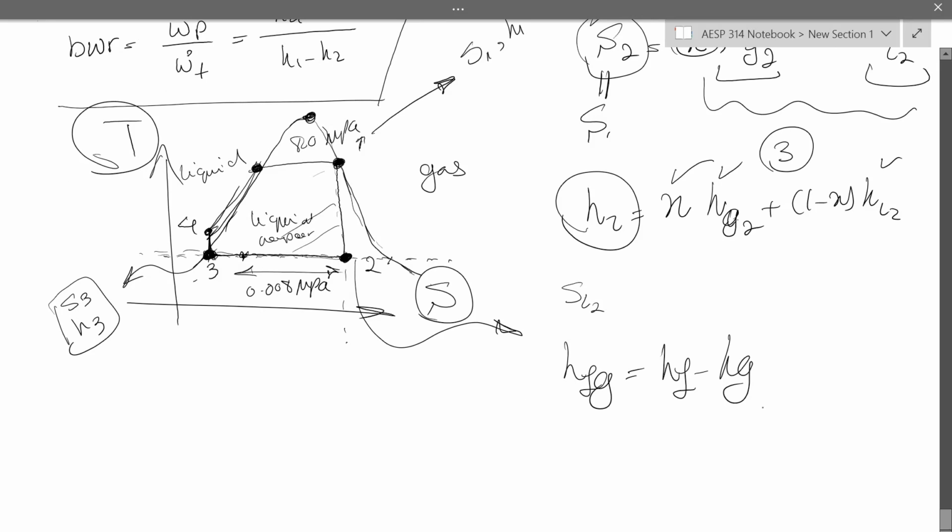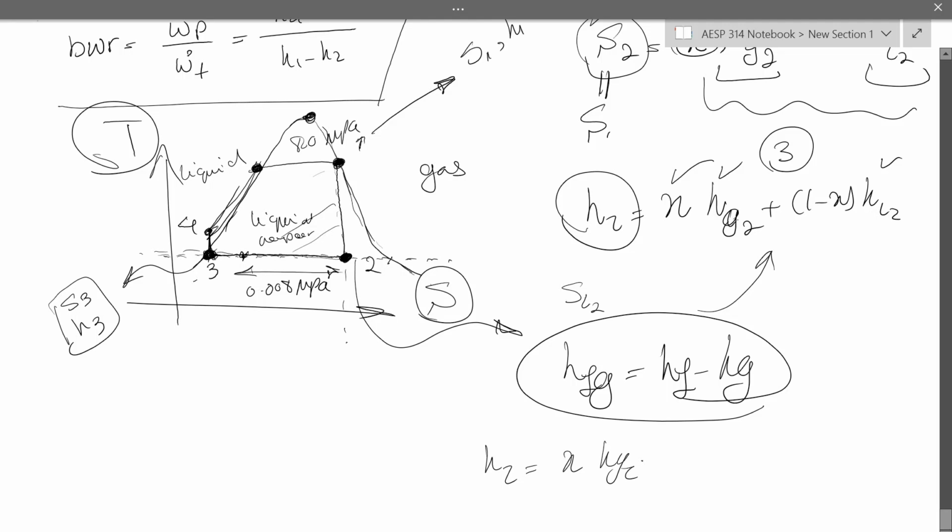It is defined as something that is going to help you with this equation, because if you do this with x and expand it, you're going to get HL2 minus X HL2.